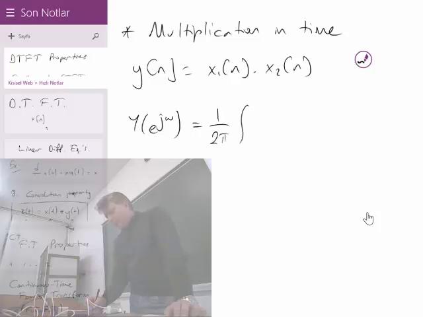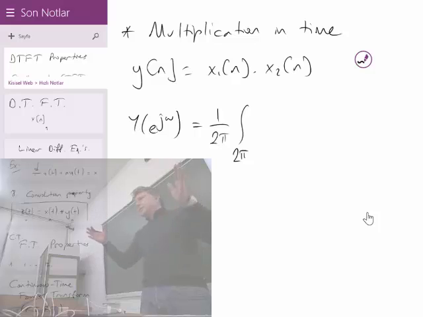There's a 1 over 2 pi, and the integration is not an infinite convolution limit from minus infinity to infinity. It's not like that. It must be done in a single or in a certain amount of starting and ending point, which is of length 2 pi in the frequency axis. It may be from 0 to 2 pi, from minus pi to pi, from minus 2 pi to 0, whatever. The length is 2 pi.